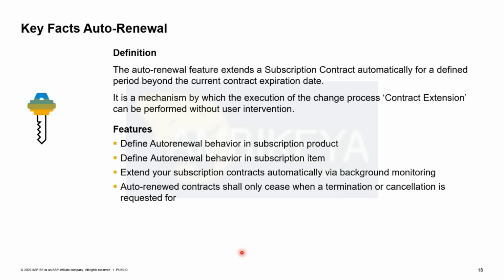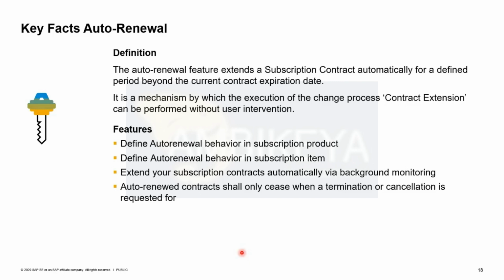We have three different options. One is do not support auto-renewal. One is to say it's mandatory to auto-renew. And the third option is that by default it is possible to support auto-renewal, but during ordering time, the user can decide whether auto-renewal should be allowed or not allowed based on customer requirement.